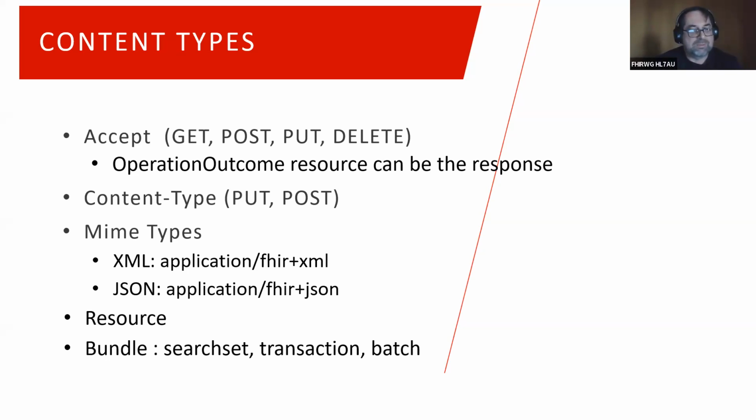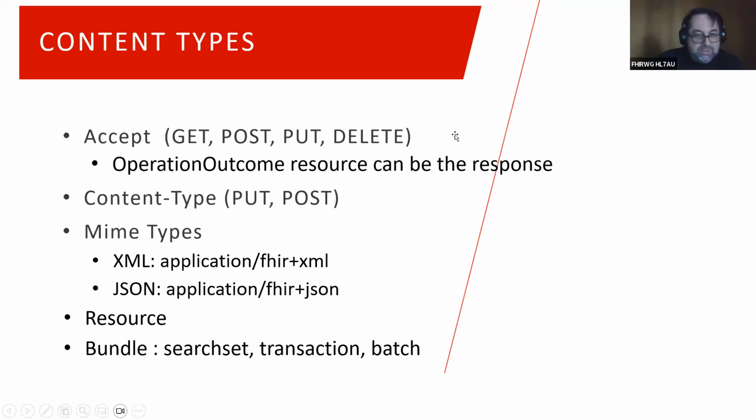If we're submitting a batch of things, they have to be housed inside this Bundle as a set of resources to push them up to a FHIR server. So it gives you an object that you can place a whole bunch of resources inside and post up in your interaction.